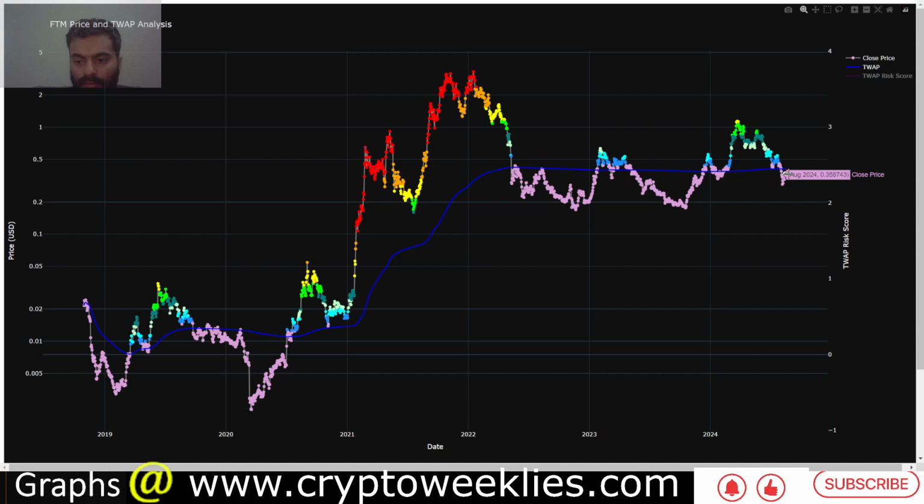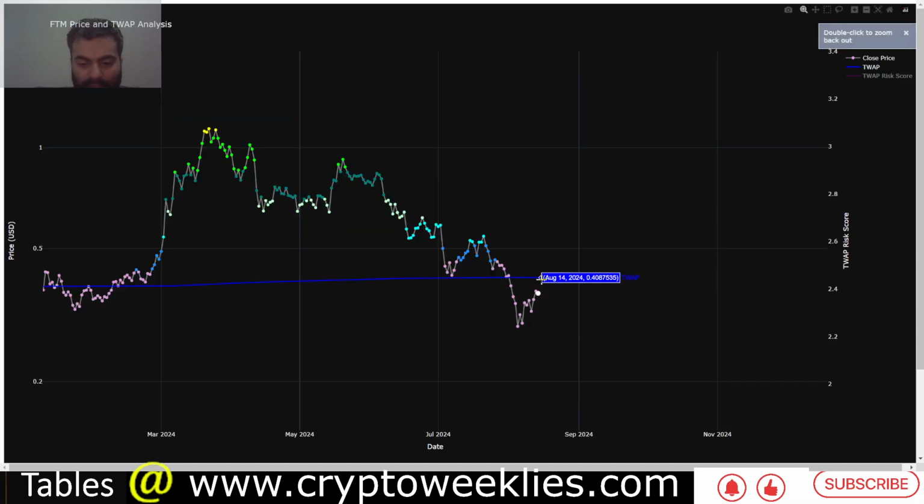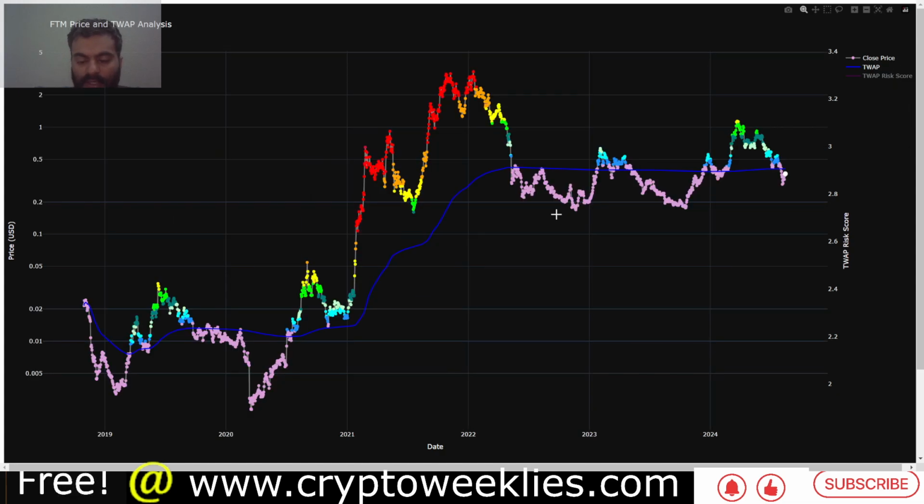The line in blue at this point in time is pointing to about fair value of Fantom based on time weighted average price at around 40 cents. That means the price is lower than the time weighted average price. That means the risk levels are zero essentially, because we are considering a longer term view with this analysis.